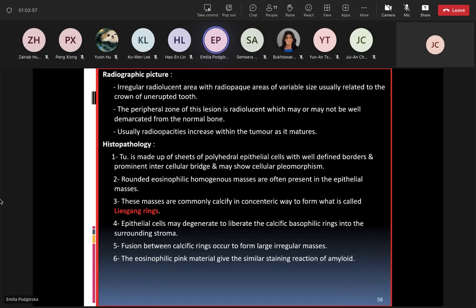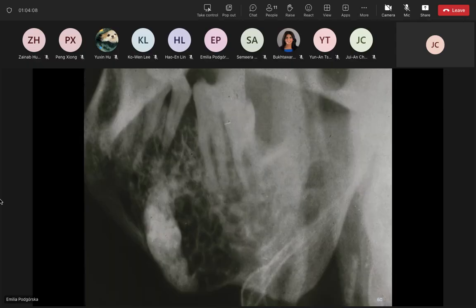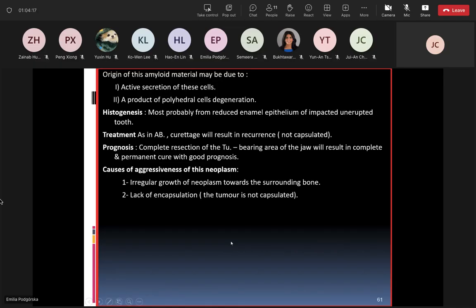The eosinophilic pink material gives a staining reaction similar to amyloid. The origin of this amyloid material may be due to active secretion of these cells, or a product of polyhedral cell degeneration. The histogenesis is most probably from the reduced enamel epithelium of an impacted and unerupted tooth.